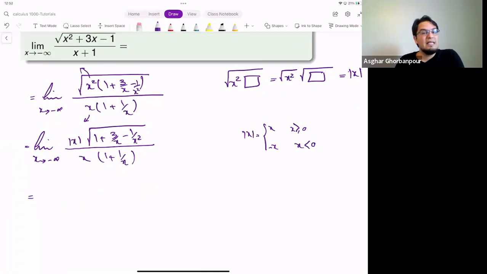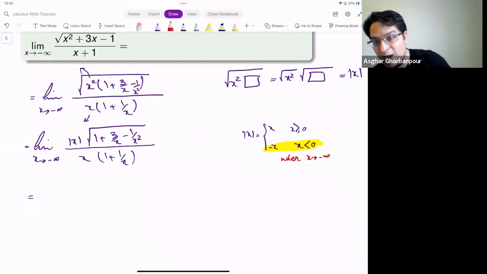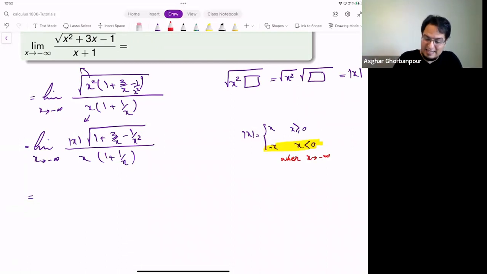Since x approaches negative infinity, we are working with very large negative numbers. So if you want to use a formula for the absolute value of x, you have to replace it by negative x in this case.